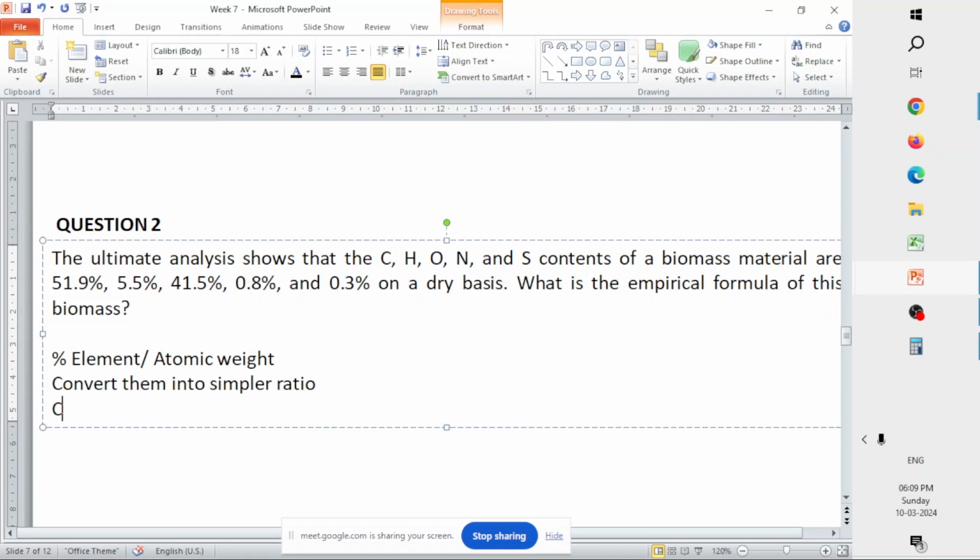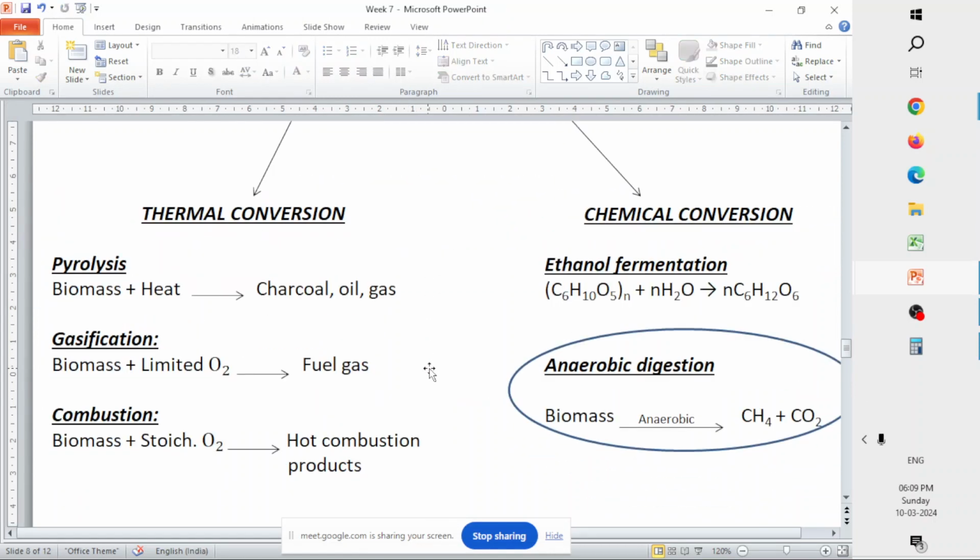So here the formula is C is 1, H is 1.26, oxygen will be 0.6, nitrogen will be 0.013 and sulfur will be 0.002. So this is a very simple 12th grade question where you just need to take the elemental percentage and divide by their atomic weight, and once you do that you convert them into the simpler ratios and you will be able to find out the formula.